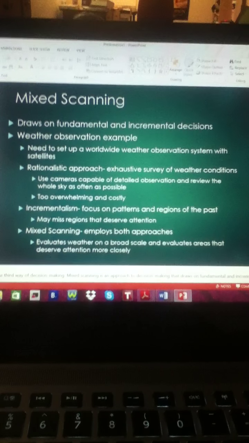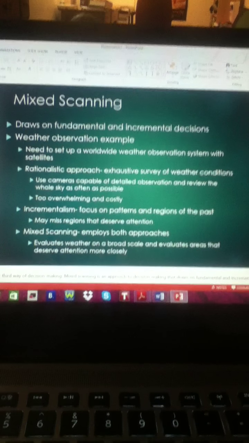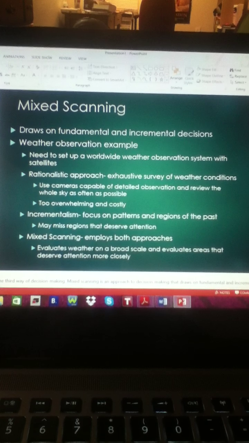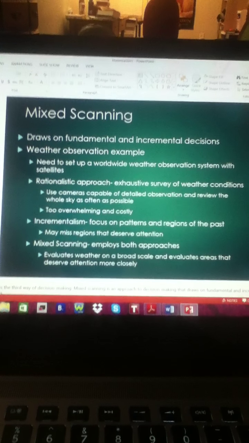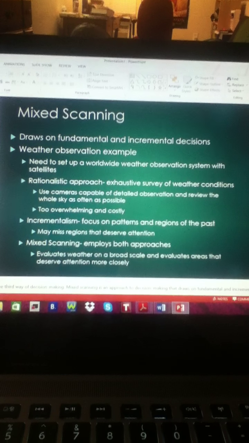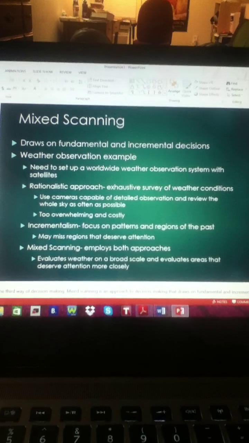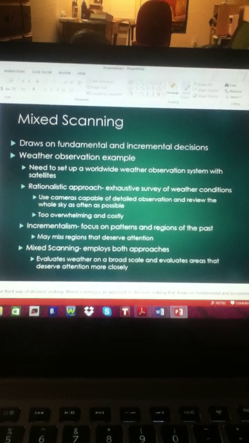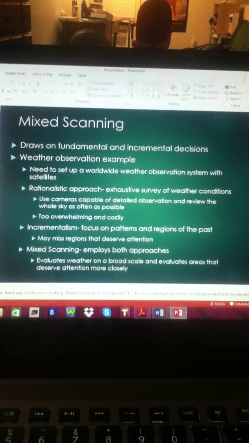The rationalistic approach to solving this problem would be an exhaustive survey of weather conditions, in which the government should use cameras capable of detailed observation and review the whole sky as often as possible. This would be too overwhelming and costly.